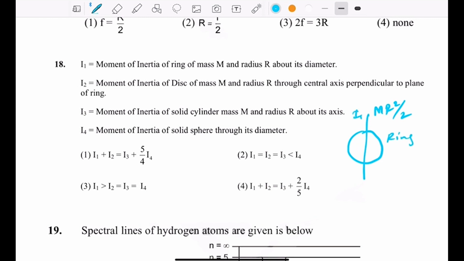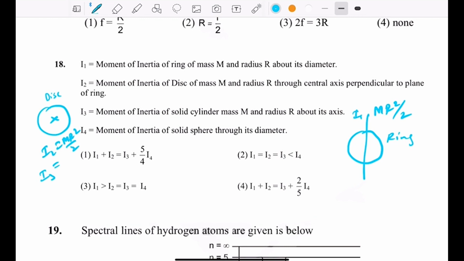Next, moment of inertia of disk of mass m through the central axis perpendicular to the plane of disk. So definitely I2 will also be mr square by 2. Next, third one, moment of inertia of solid cylinder of mass m radius r about its axis. Solid cylinder is similar to disk, so I3 also will be equal to mr square by 2.